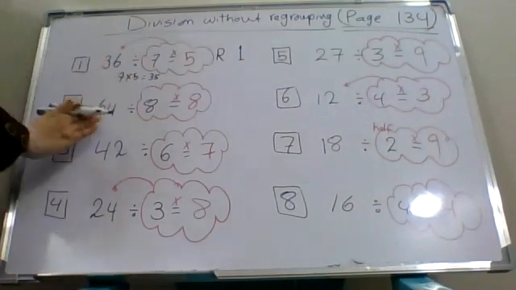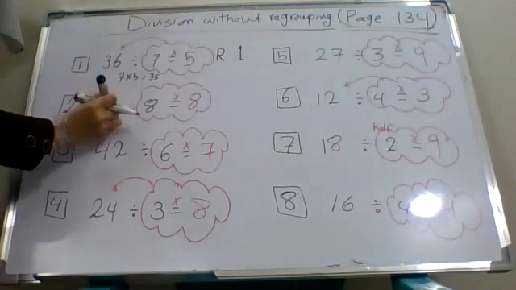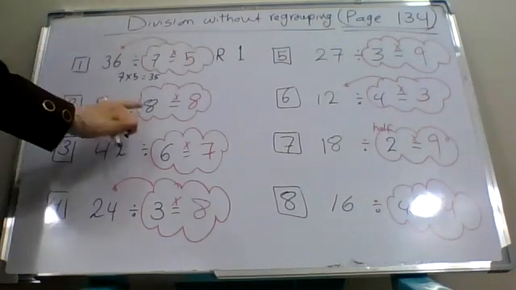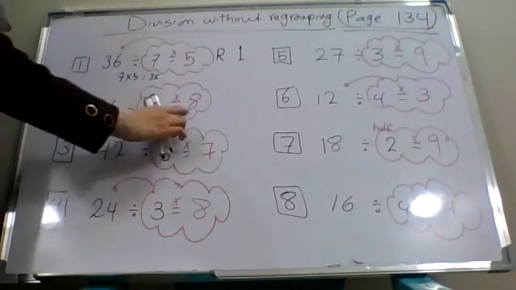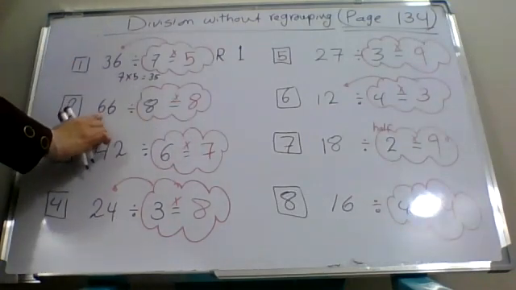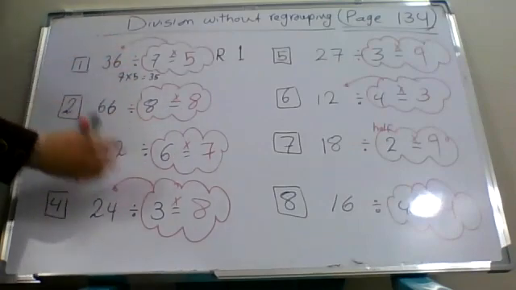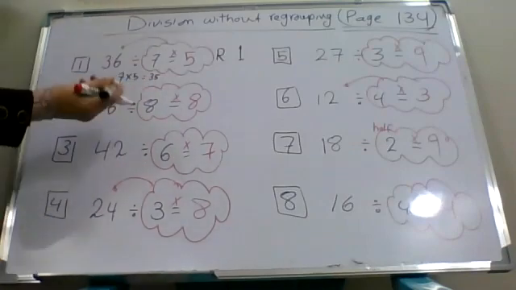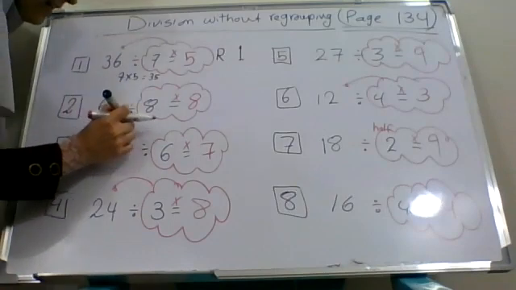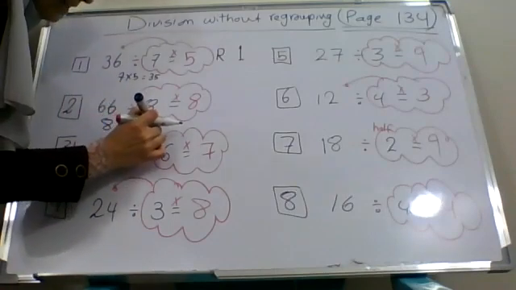Again, here, if I have 66, I look, what was the number that I multiplied with 8, and I have 66 or less, the same number or less. It was 64. So when I multiply 8 times 8, the answer was 64.